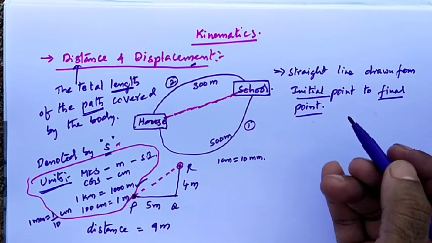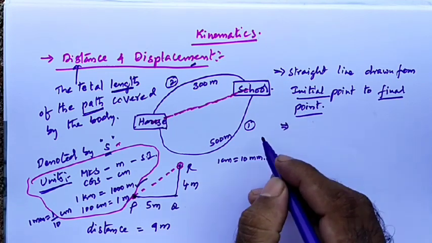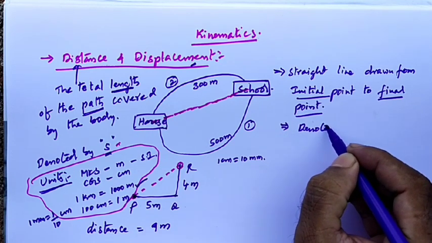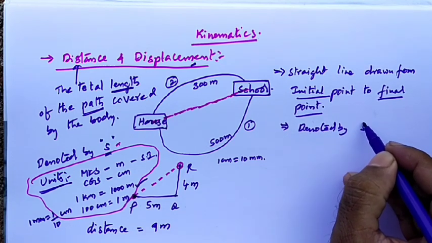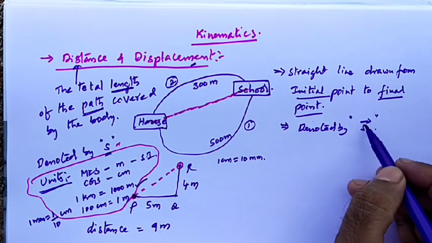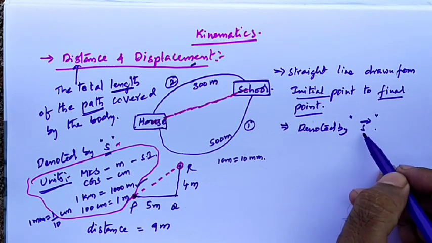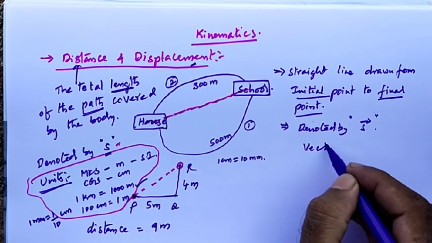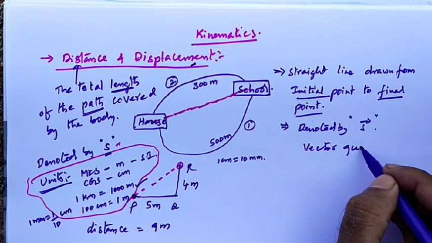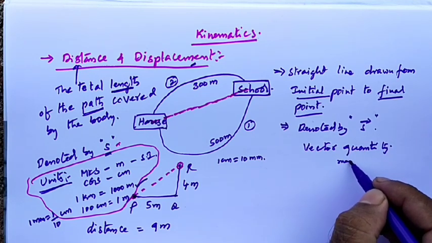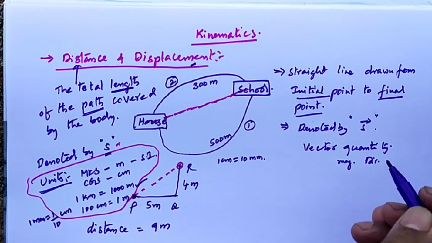Now regarding displacement, you should remember that it is denoted by S bar. I have written an arrow on the head of the alphabet. That means it is a vector quantity, so it has magnitude and direction both.